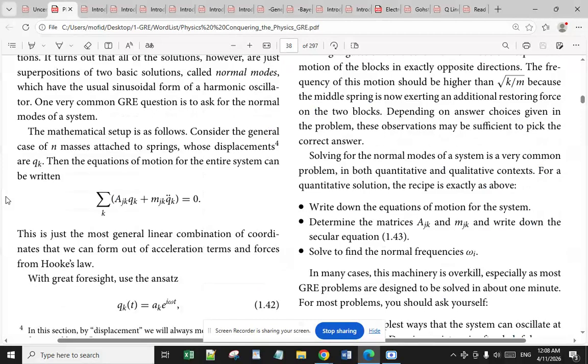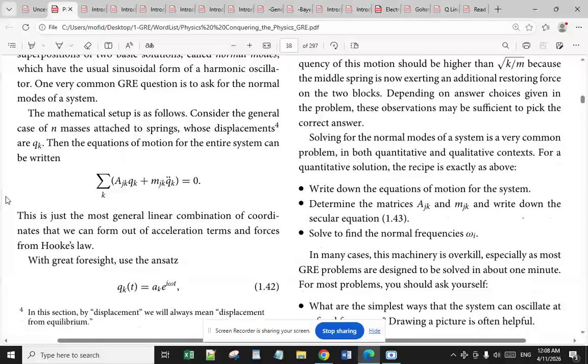Solving for the normal modes of a system is a very common problem in both quantitative and qualitative contexts. For a quantitative solution, the recipe is exactly as above. Write down the equations of motion for the system, then determine the matrices R_jk and M_jk, and write down the scalar equation 1.43.